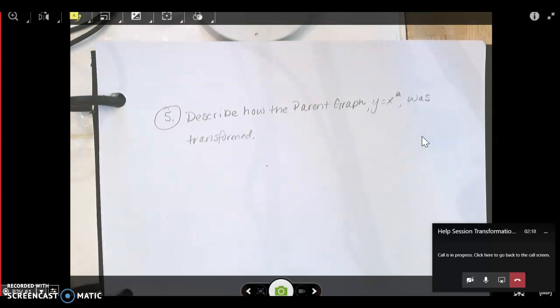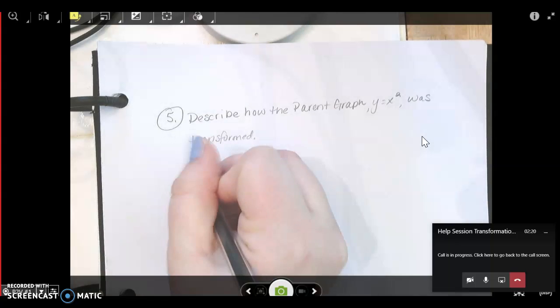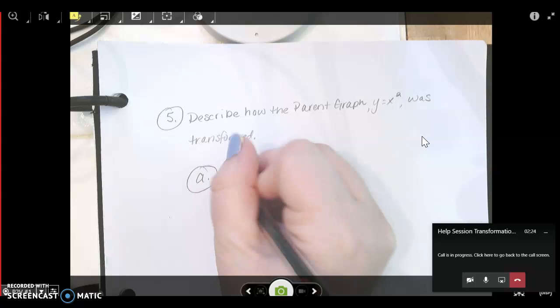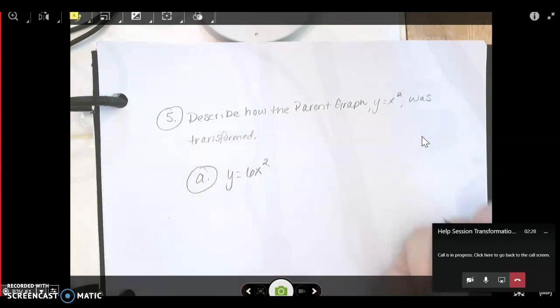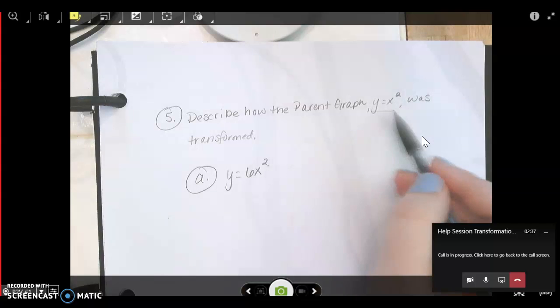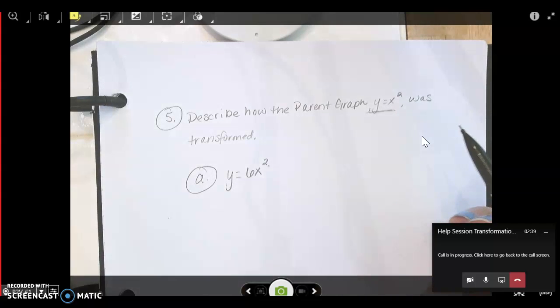Okay, so letter A, you had the question y equals 6x squared. So when you compare y equals 6x squared to the parent function y equals x squared, what do you notice that is different? You notice that there is a 6 in front of the x squared.